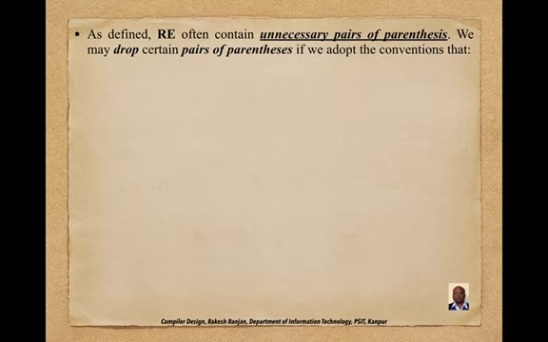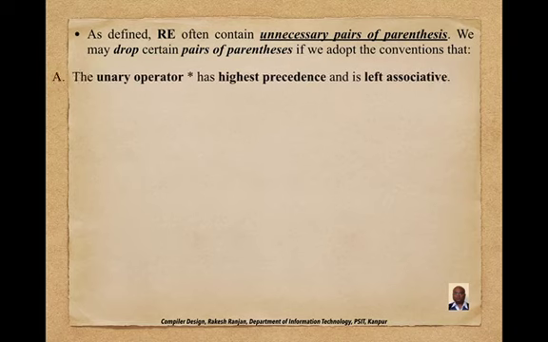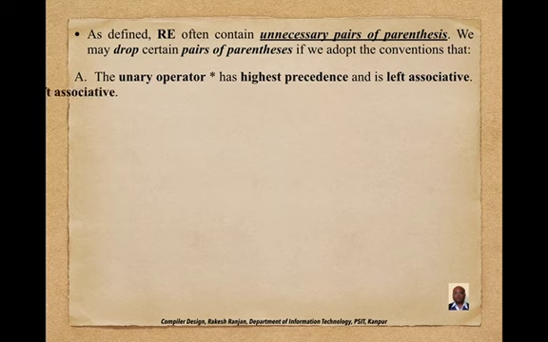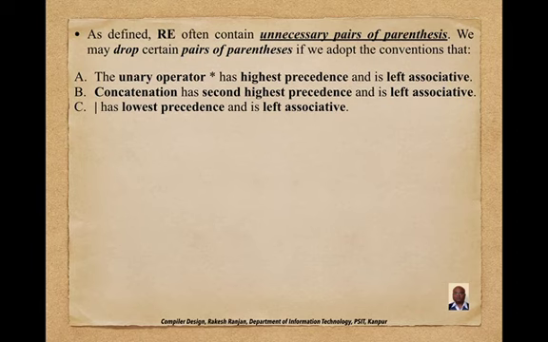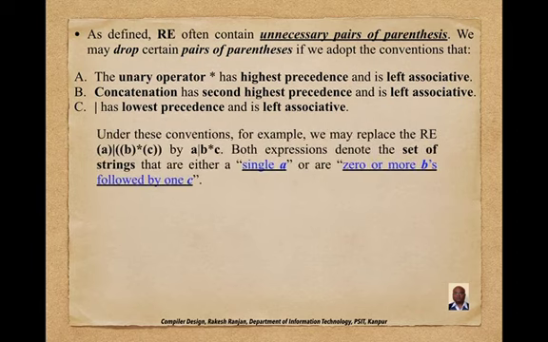As defined, regular expressions often contain unnecessary pairs of parentheses. We may drop certain pairs of parentheses if we adopt the convention that the unary operator asterisk has highest precedence and is left associative. Concatenation has second highest precedence and is left associative, and the vertical line, union, has lowest precedence and is left associative.